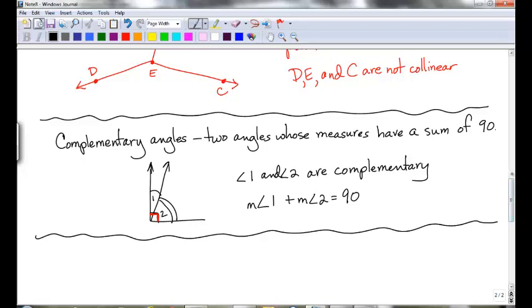What do you call it if they add up to 180? Supplementary. Yep, supplementary.